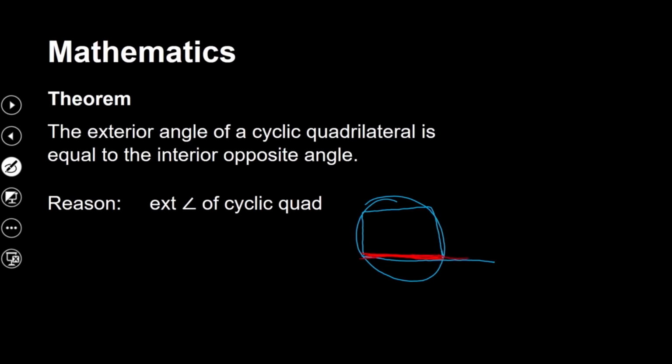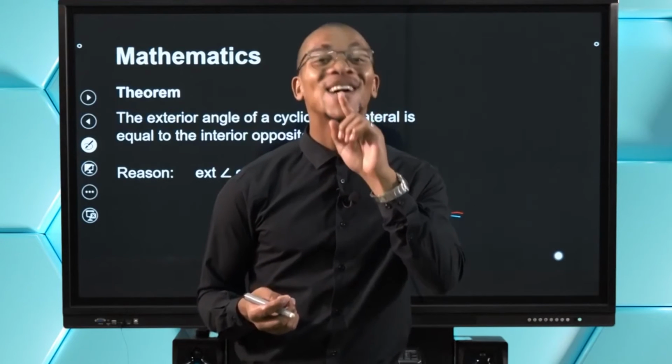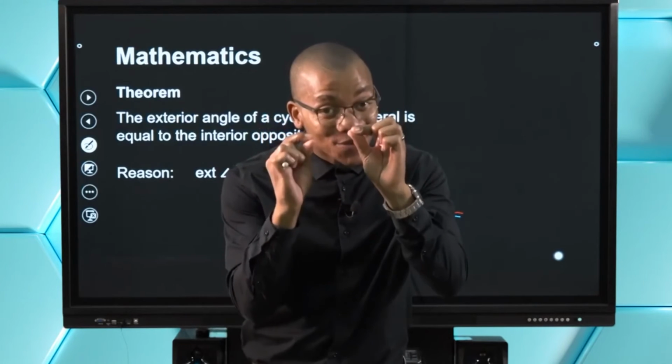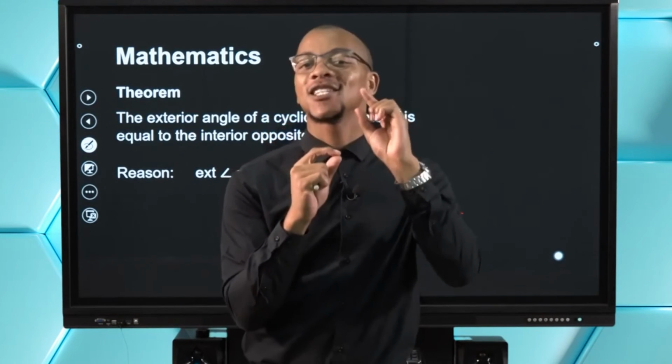So I produced this line there. It will then make this to be x there, and that will be x as well. So how do I then have an exterior angle? I know you are thinking it. Only and only if one of the sides is produced.